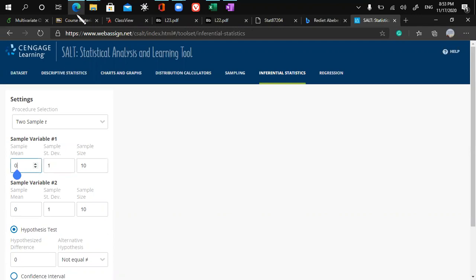So for the first sample, the mean is 3.06, the standard deviation is 0.95, and the sample size is 141. And for sample 2, it's 3.82, 0.41, and 68. So these are the information.